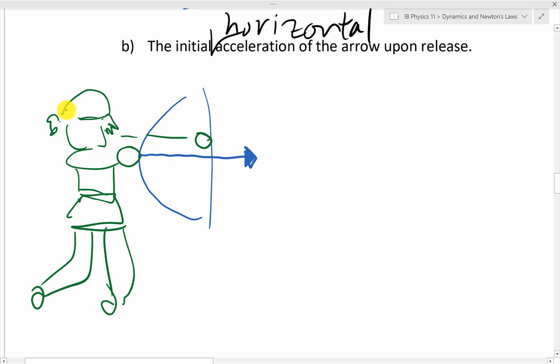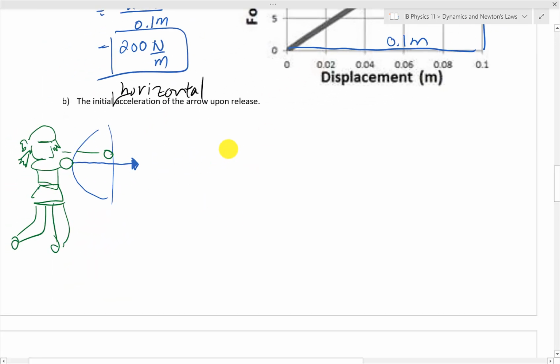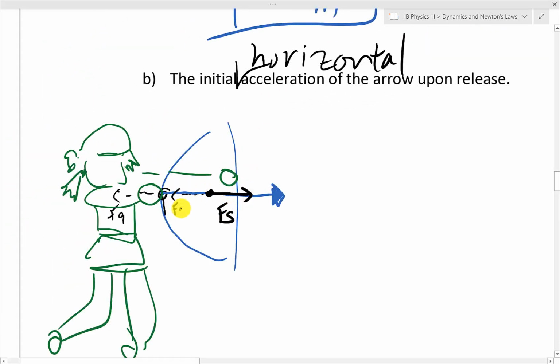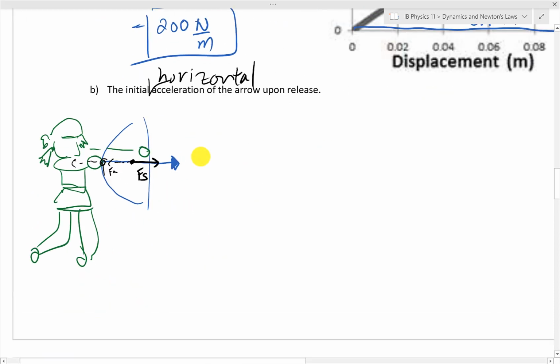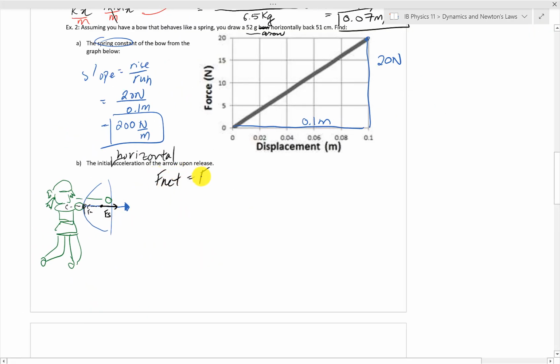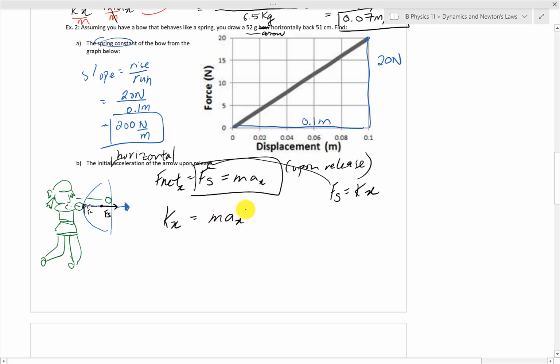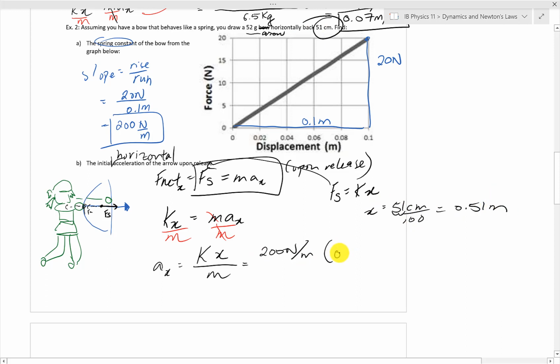Alright, so don't forget the arrow. The center of gravity is going to be closer to the tip of the arrow, which I did roughly there. There is no real applied force after the arrow is released, just the spring force, which is the only net force acting on the arrow, and the spring force is kx, which we substitute in, and solving for the acceleration, giving us kx over m.